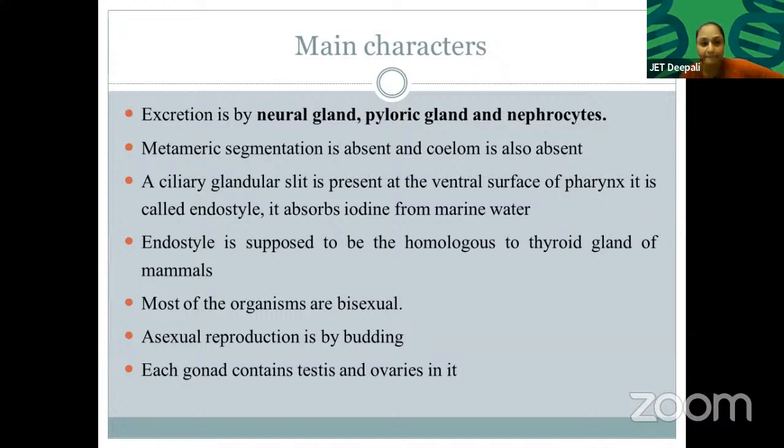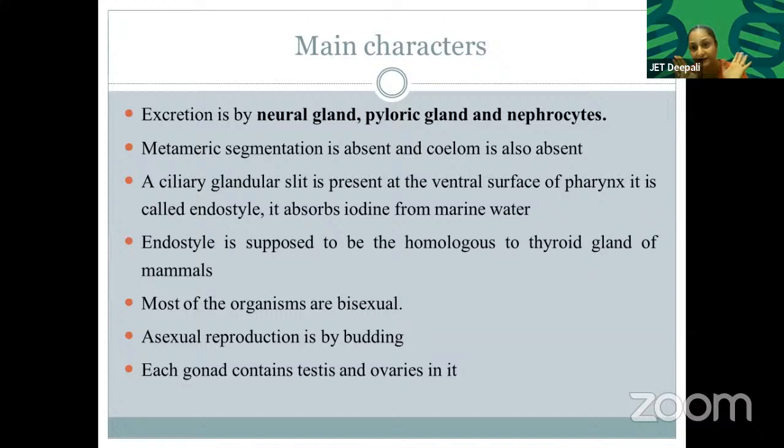So basically, this endostyle is acting as a thyroid gland. Endostyle is supposed to be homologous to the thyroid gland of mammals. Most of the organisms are bisexual, meaning male and female in the same individual. Asexual reproduction is by budding. Each gonad contains testes and ovaries in it.